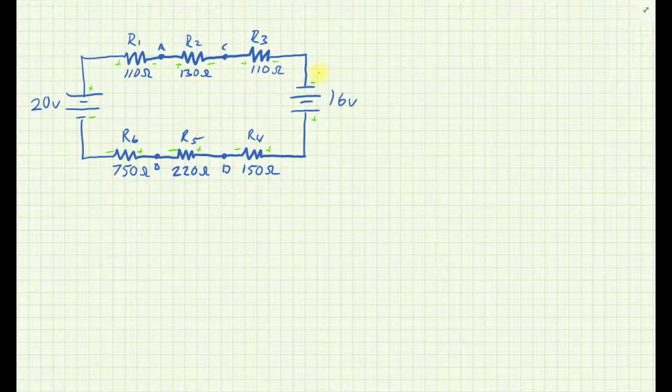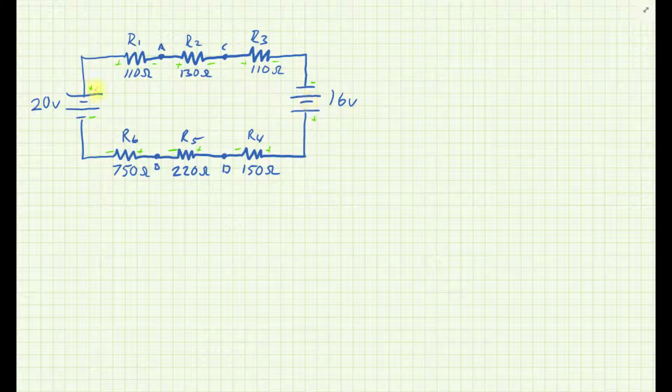Alright, now notice, even though this 16 volt supply is drawn upside down with the negative up, the polarities on the resistors are aiding. So it turns out that the batteries, 20 volts and 16 volts, are series aiding, so that voltage is just going to combine on each resistance and not do any canceling or anything like that.